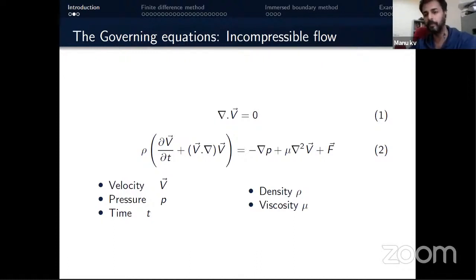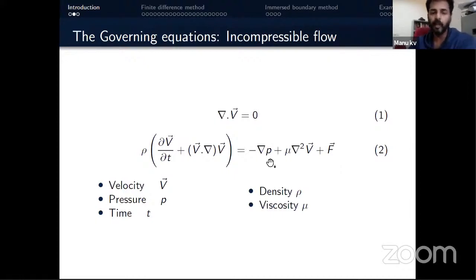These are the set of equations which will be solved by the immersed boundary method: the continuity equation and the Navier-Stokes equations. One way to handle the immersed boundary method is using a forcing term on the right hand side, which is extremely important when dealing with this method.